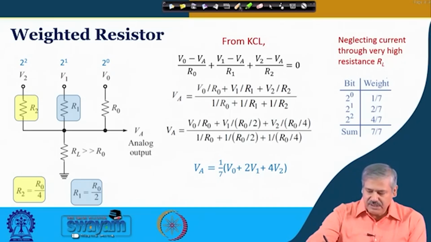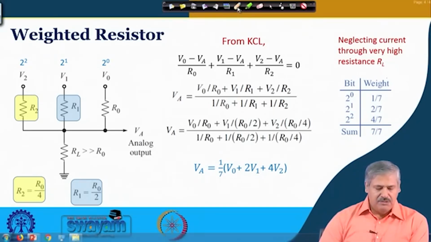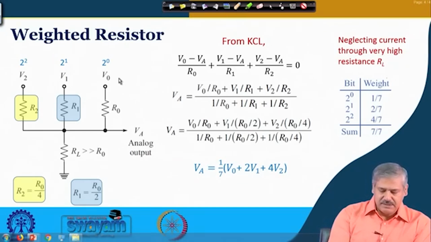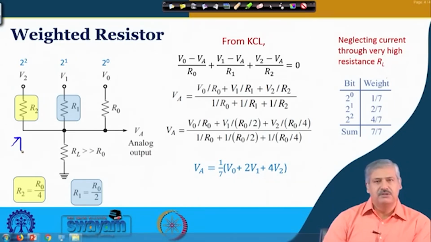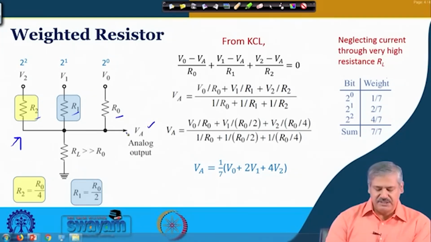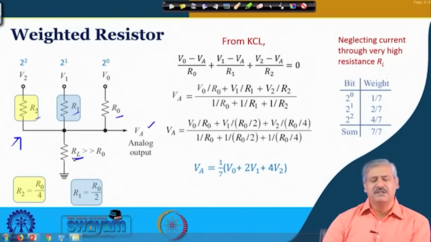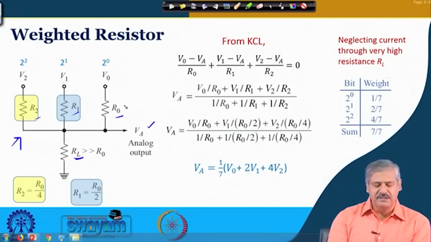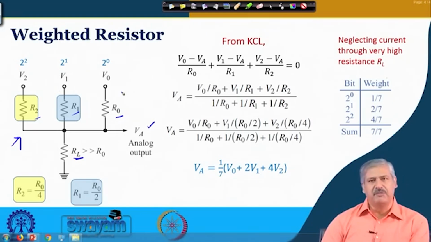So, what you see here is the circuit under consideration. This is your R0, R1, R2, and this is the voltage VA at this node, and this load resistance RL is very, very large in comparison to the resistances in these different branches.